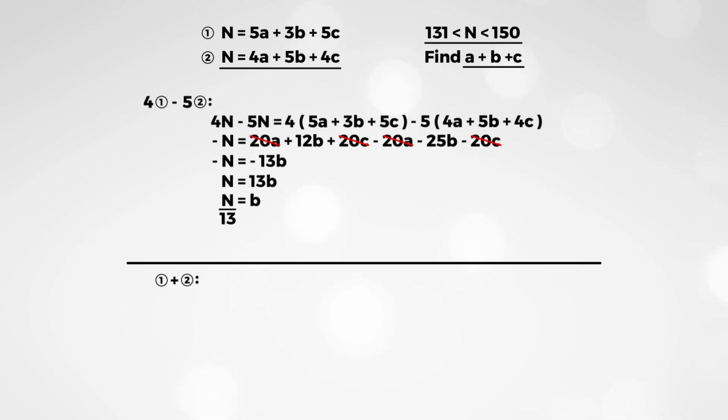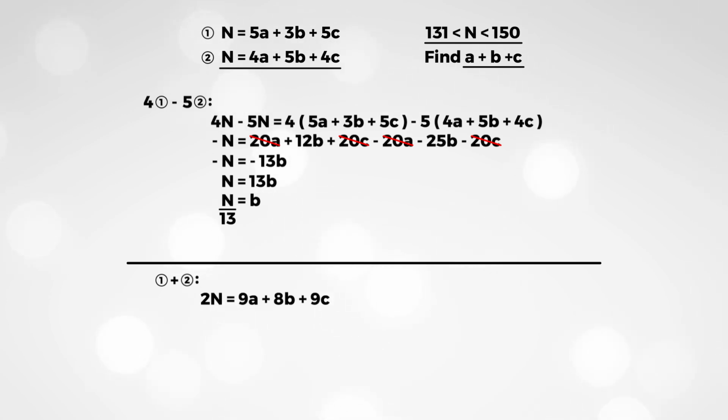It's not like all the a's, b's, and c's have the same coefficient. If they did, that would make it very helpful. But we do come close. When you add them, you get 2n on the left side, and on the right side, you get 9a plus 8b plus 9c. So we've come close, but unfortunately, no cigar.